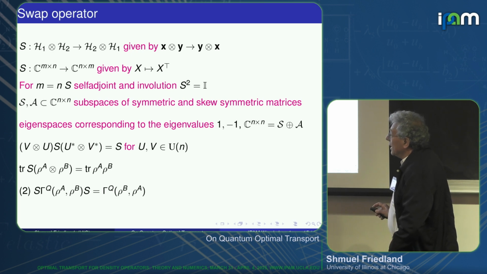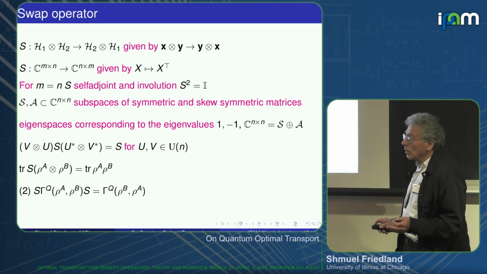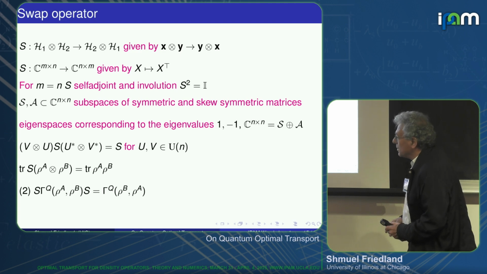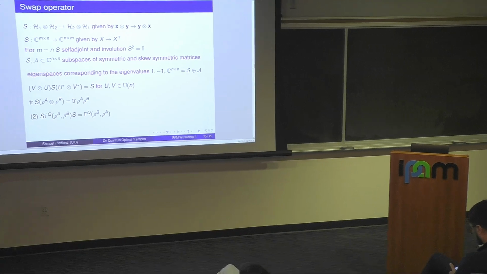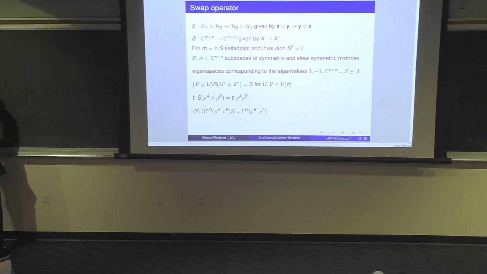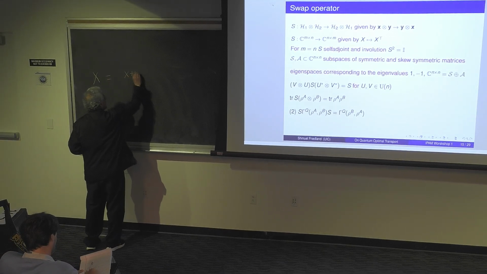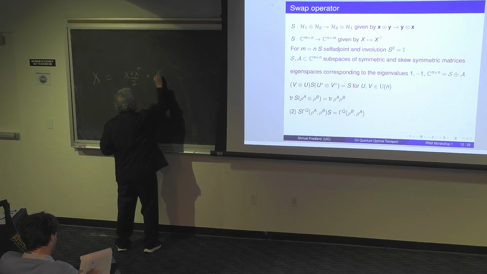Now, when you take n by n matrices, every matrix naturally decomposes as the sum of a symmetric and a skew-symmetric matrix. If you have a square matrix X, it is of the form (X plus X transpose) divided by 2 plus (X minus X transpose) divided by 2.